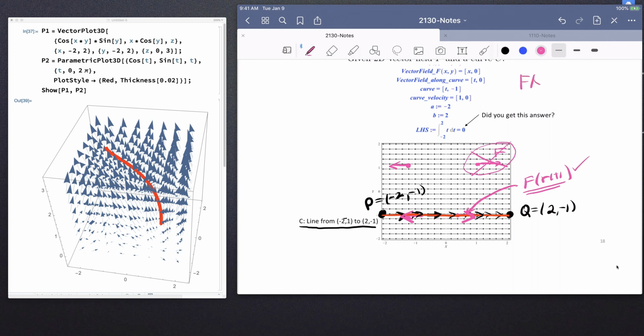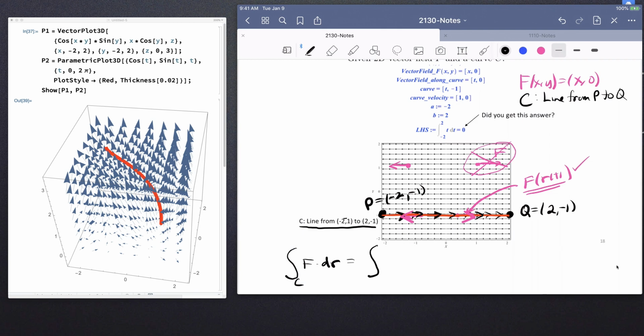So we have a vector field given as x, 0. And we have a curve that is a straight line from the point P to the point Q. From there we should be able to compute a line integral of this vector field along that curve.